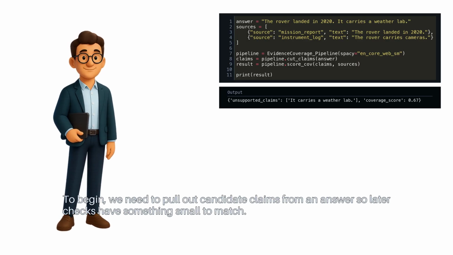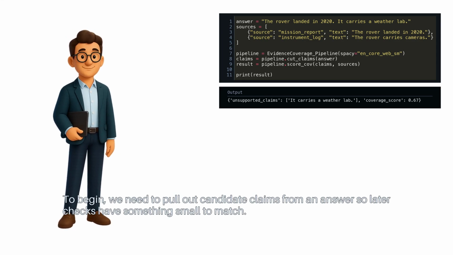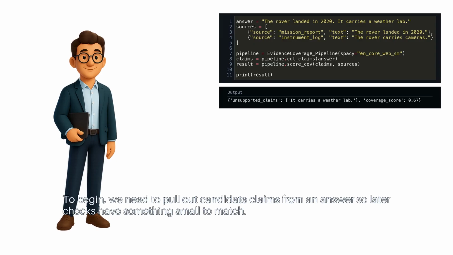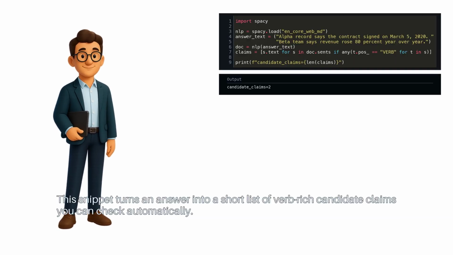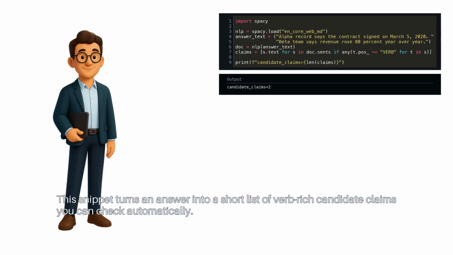To begin, we need to pull out candidate claims from an answer, so later checks have something small to match. This snippet turns an answer into a short list of verb-rich candidate claims you can check automatically.